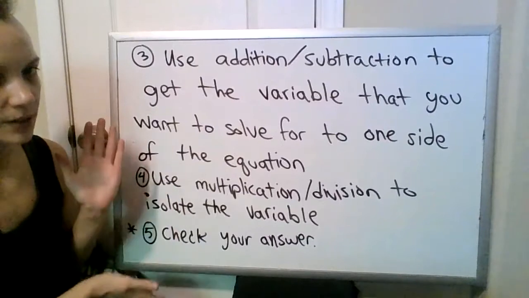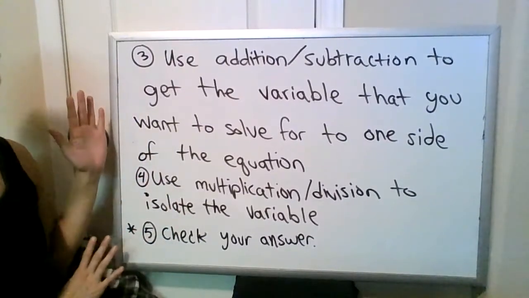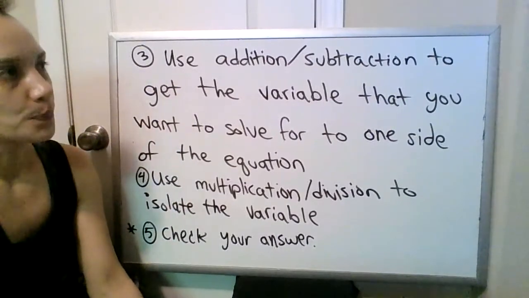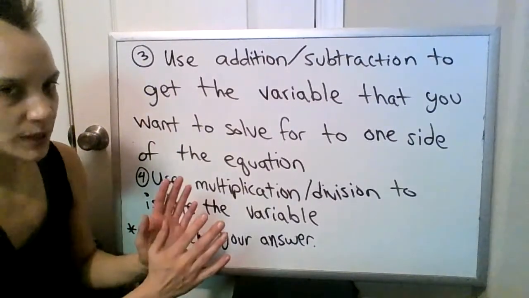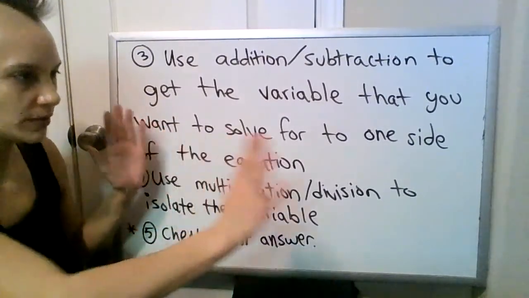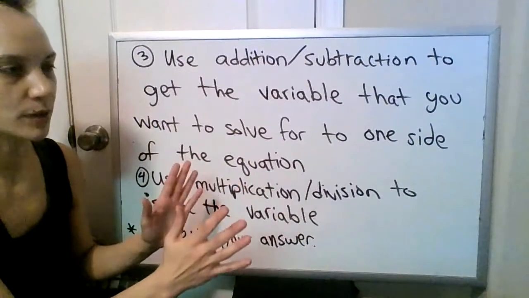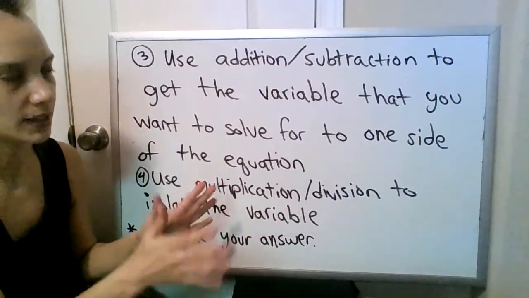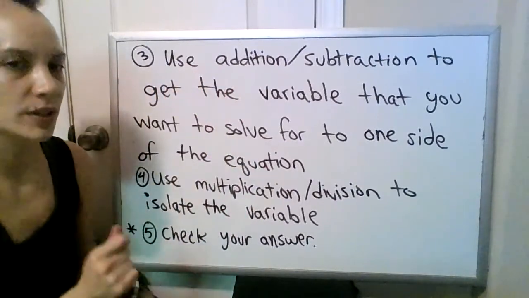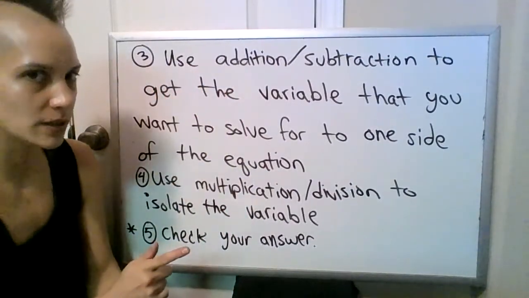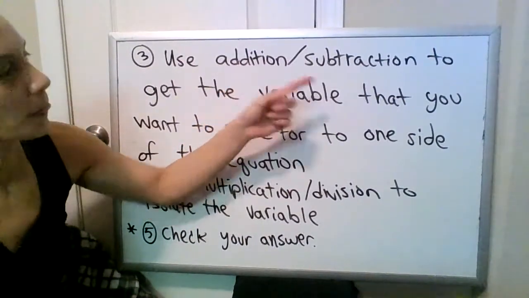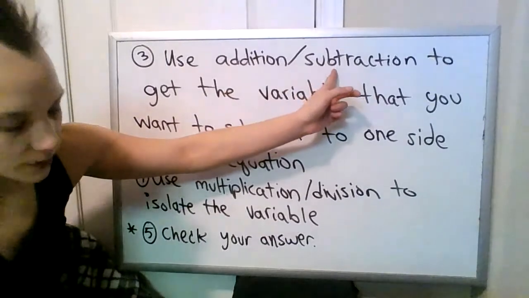Just in case you're taking notes, this will sit here for a minute and I want to talk through the steps. Especially if there are parentheses, you're going to be expanding the problem. Then after you have all of your terms, combine like terms on both sides of your equation. Start to get the variable you're interested in to one side of the equation by adding values to both sides of the equal sign or subtracting from both sides.